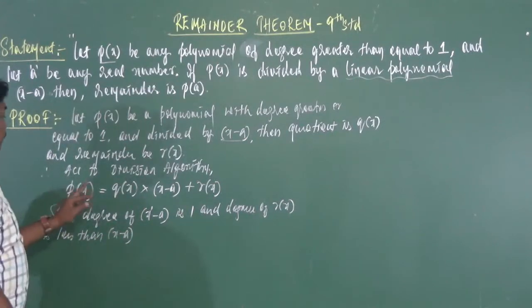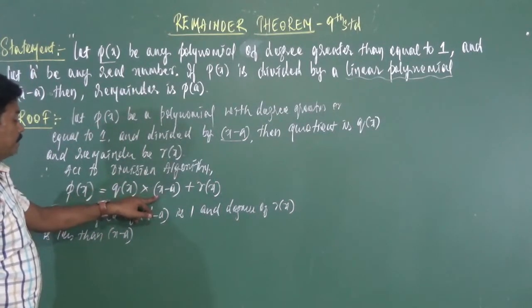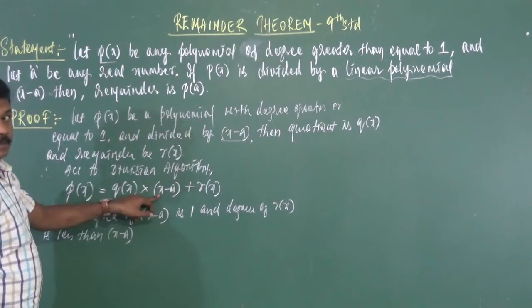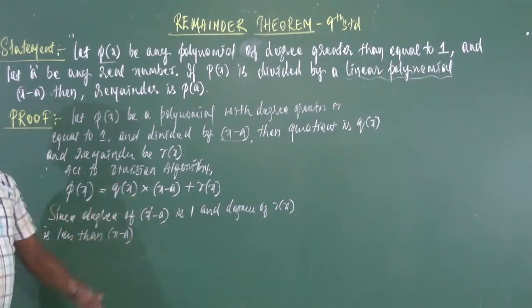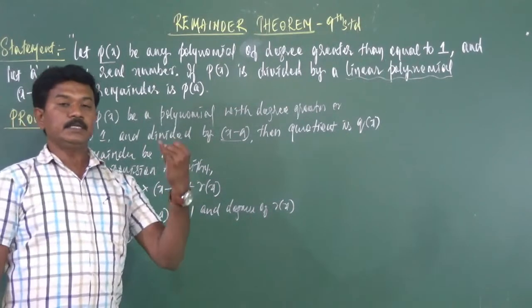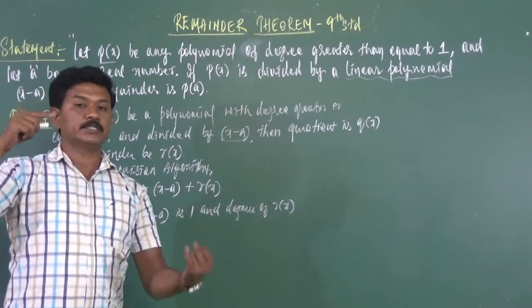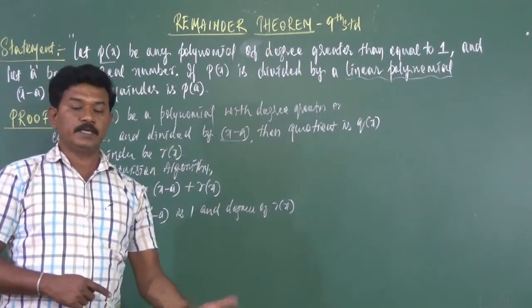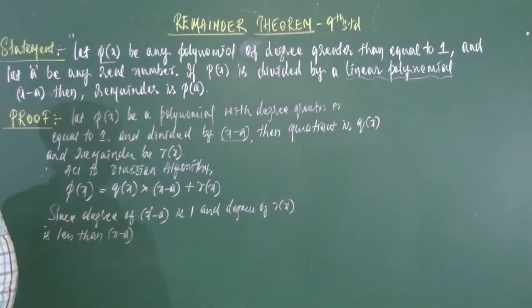So here, when we divide this p of x by the polynomial x minus a, the degree of x minus a is 1, but actually there are two instances where we say that the division stops. One instance is when the degree of the remainder is less than the degree of the divisor, then the division stops, or when the remainder is 0, then the division stops. So here we will take up the first instance.